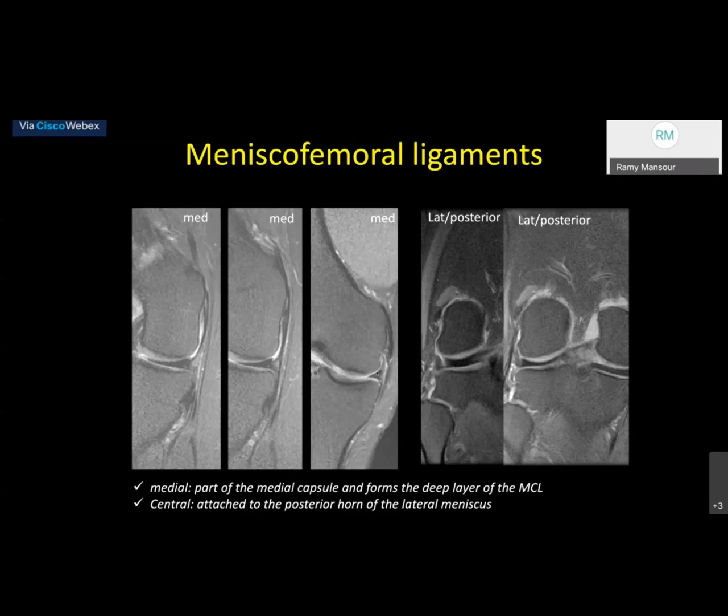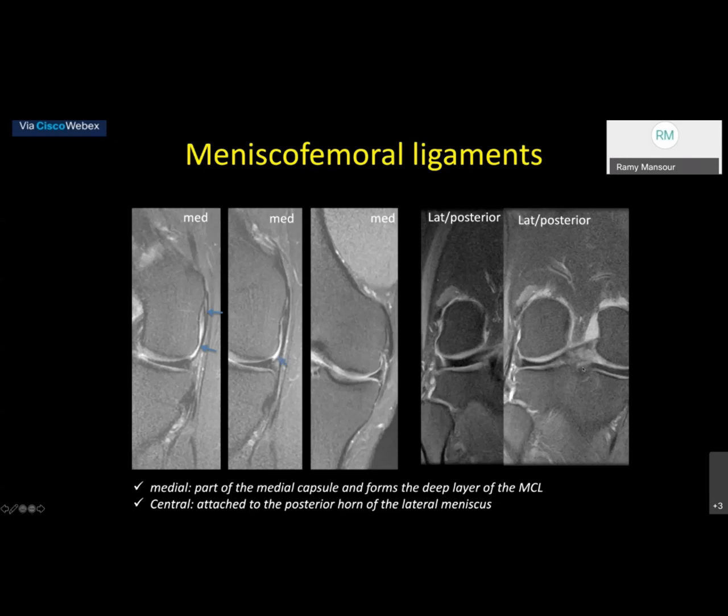Again, as I mentioned, any femoral attachment of the menisci has less role in stabilization of the menisci. This is different from the most popular ones that we all know about, seen posteriorly in the knee, that attach to the posterior horn of the lateral meniscus. This is also called the meniscofemoral ligament. So the meniscofemoral ligament can be medial or posterior.